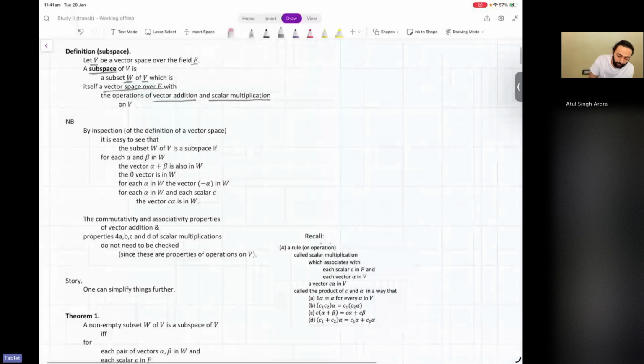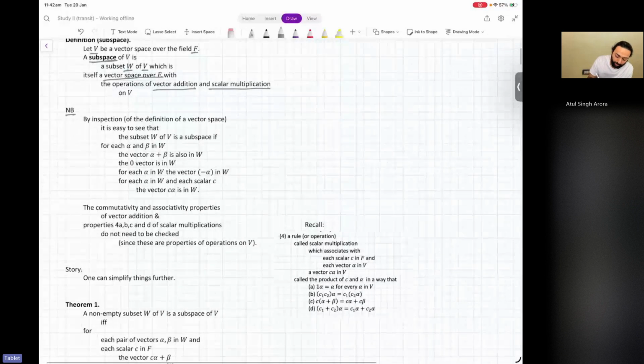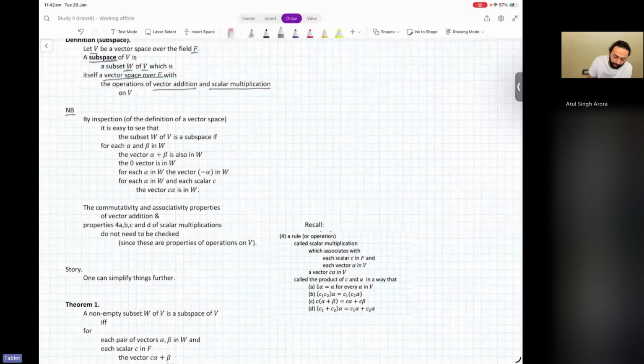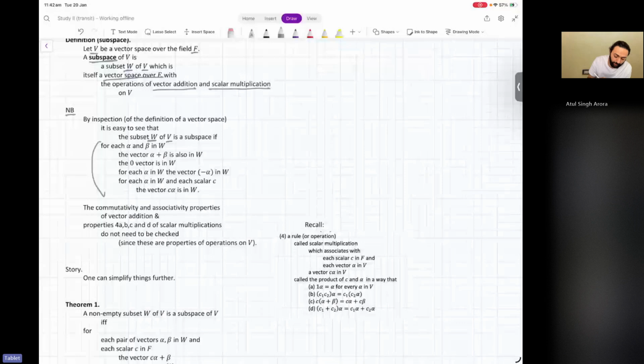Okay, so right, and then the note is as follows. By inspection of the definition of a vector space, it is easy to see that a subset W of V is a subspace if the following conditions are satisfied.